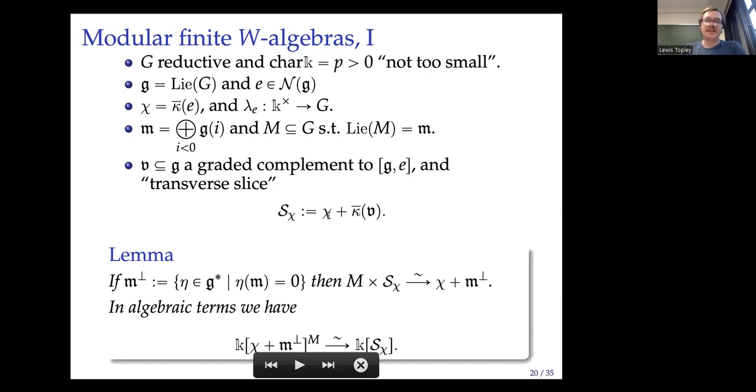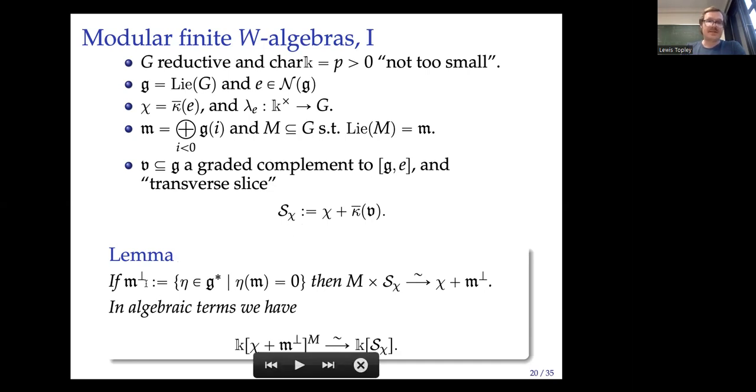And so if you take the tangent space at chi of this variety, then you're going to get a complement to the tangent space of the orbit at chi. So this is the sense in which it's transverse. The tangent space of the orbit and the tangent space of the slice direct sum together to give you g, or g star in this case.